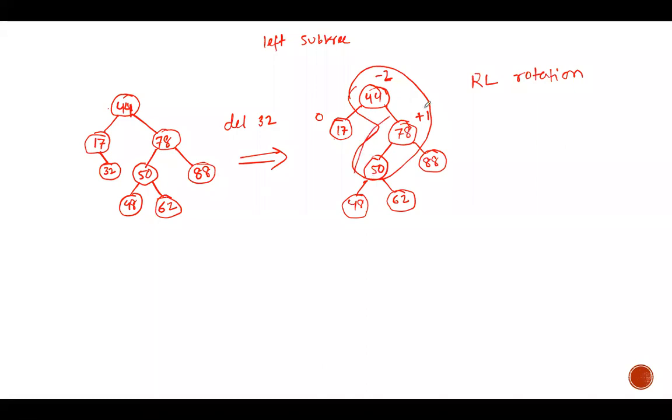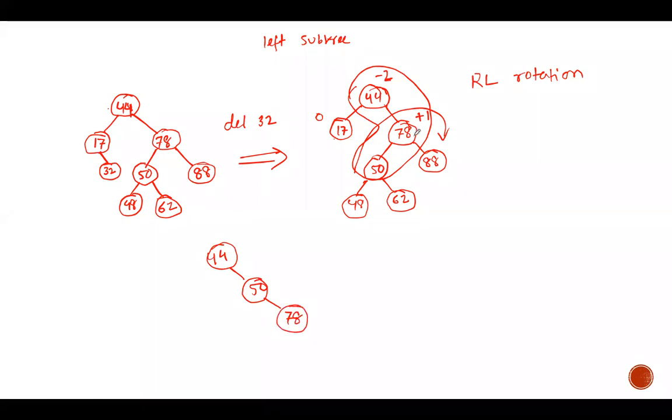Okay, so after we rotate right between 50 and 78, the tree will look like that. So 50 will become the parent, 78 will become its child.